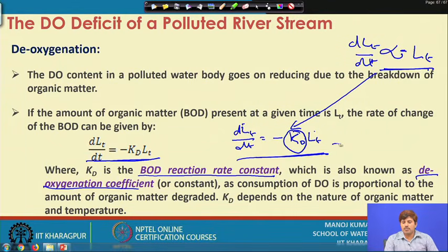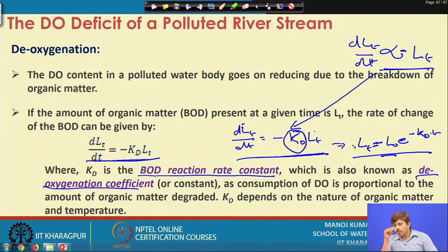So, we can solve this, and eventually you will get Lt equal to L0, which is the initial BOD, times e to the power minus Kd times t. This is the standard solution of this expression, okay. So, that way we can get the BOD at any given point of time, that is how the BOD gets degraded, okay.